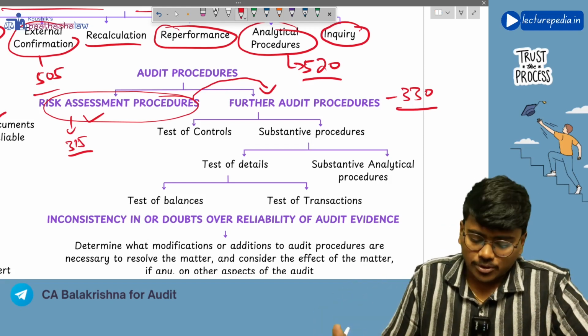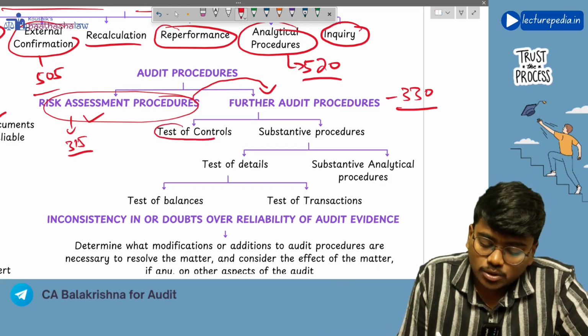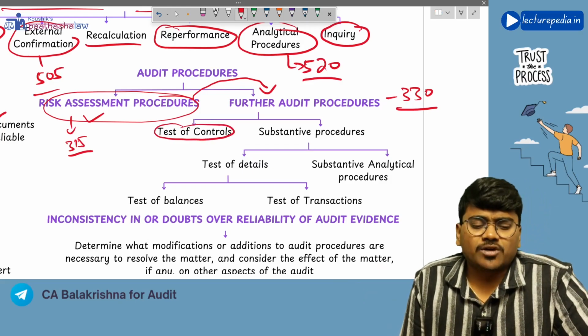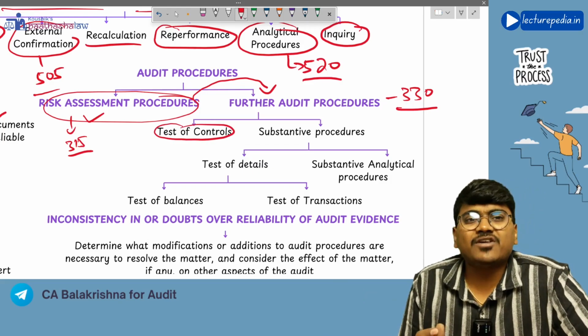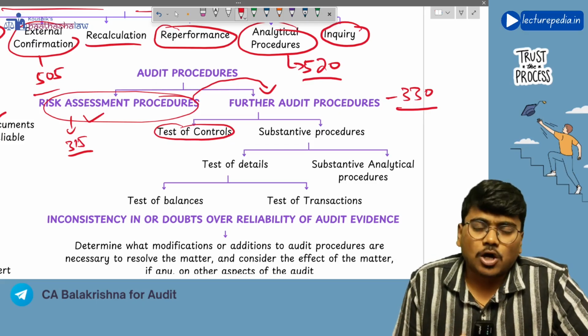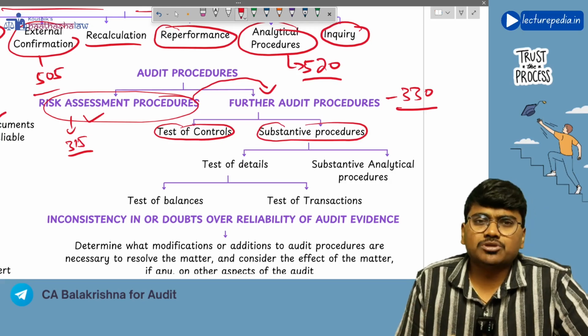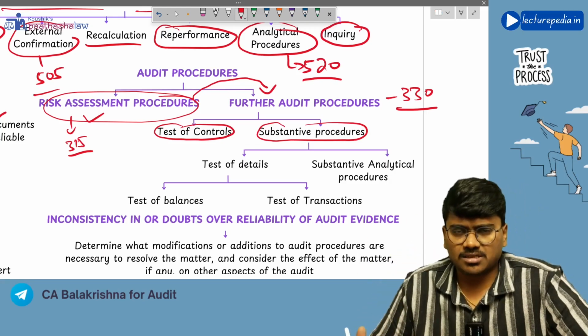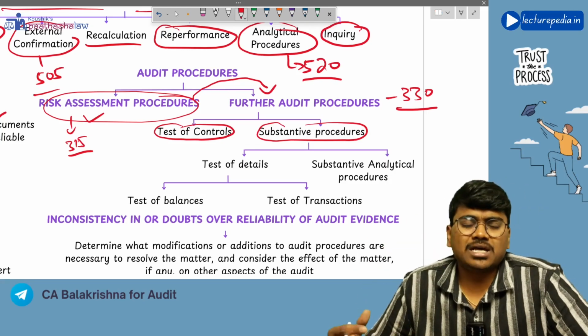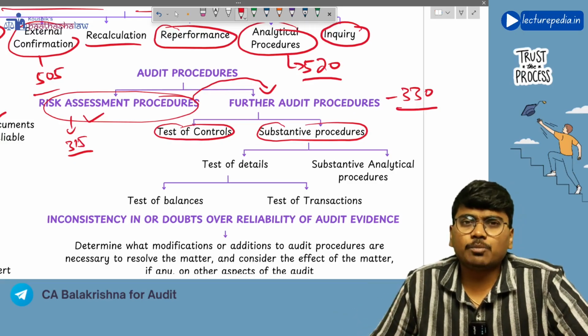These further audit procedures are again bifurcated into test of controls and substantive procedures. Through test of controls you will verify the controls in the organization. Substantive procedures mean detailed, in-depth procedures.